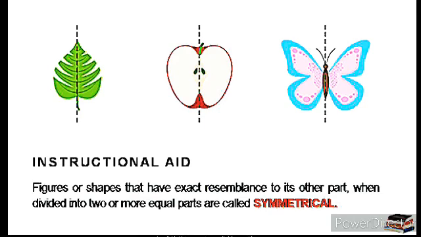Figures or shapes that have exact resemblance to their other parts when divided into 2 or more equal parts are called symmetrical, as you can see in those shapes above. So each of them, if they are divided and look exact, becomes symmetrical.